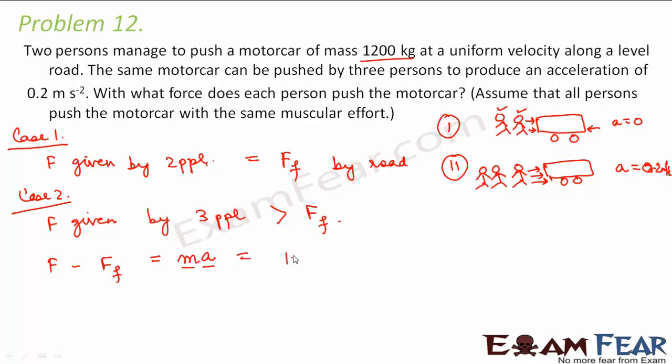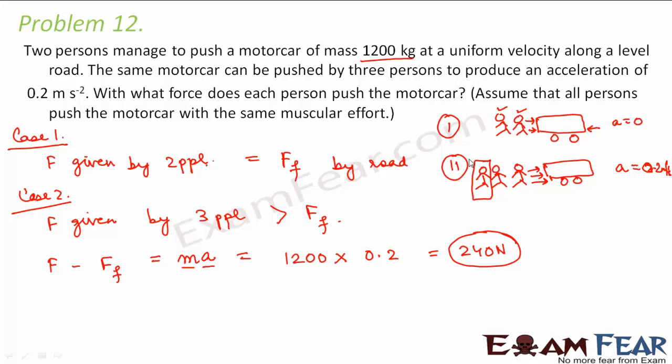What is the mass of the vehicle? It is given as 1200 kgs. And what is the acceleration? The acceleration produced in this case is 0.2 meter per second square. So this comes out to be 240 newtons. So that means this 240 newton is the extra amount of force which has been provided in case 2. Now in case 2, what was the extra thing? 1 person was extra.